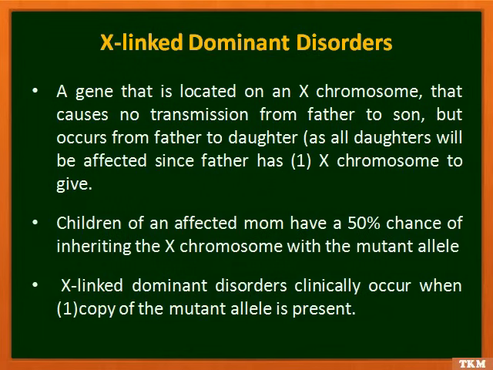Children of an affected mom have a 50% chance of inheriting the X chromosome with a mutant allele. X-linked dominant disorders clinically occur when one copy of the mutant allele is present. We also learned in the last lecture that dominant gene disorders require only one copy of the faulty allele.